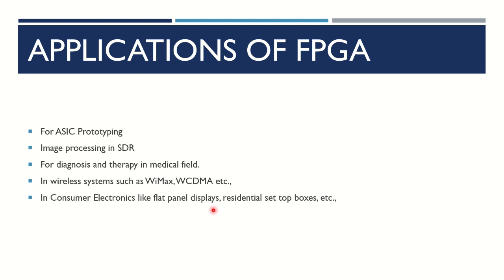FPGA covers all those applications. In the medical field, it is used for diagnostic monitoring and therapy applications. And Xilinx offers solutions that meet the evolving needs of security applications, from access control to surveillance and safety systems.